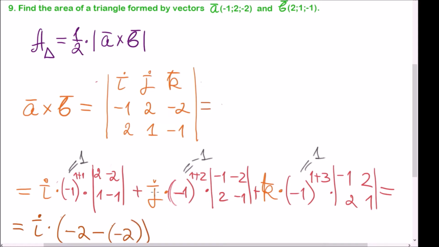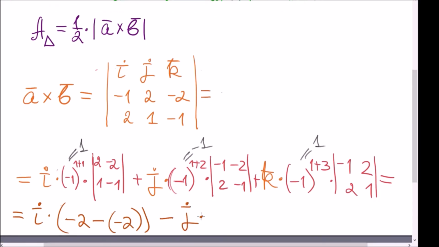Then plus j multiplied by minus 1, we'll have minus j, and we should solve the determinant of the second order. It is minus 1 multiplied by minus 1, it is 1, minus 2 multiplied by minus 2, minus 4, minus 4, so plus 4. Then plus vector k multiplied by 1 and multiplied by the determinant of the second order.